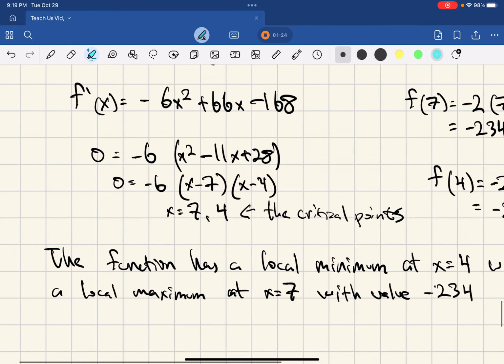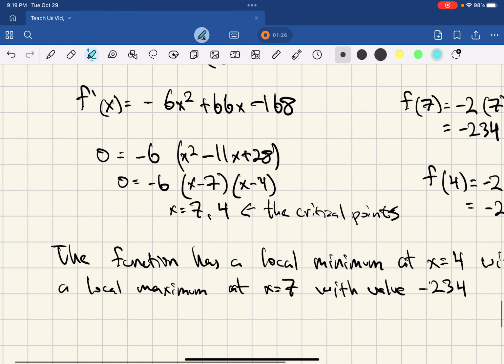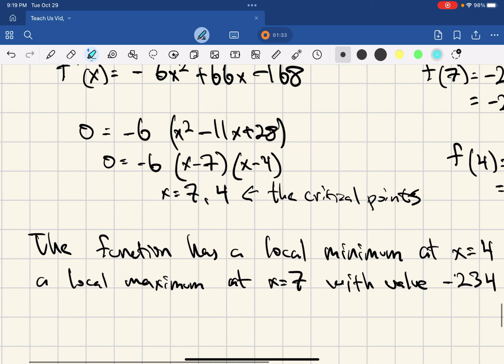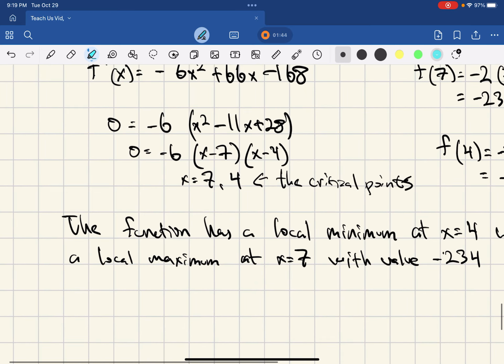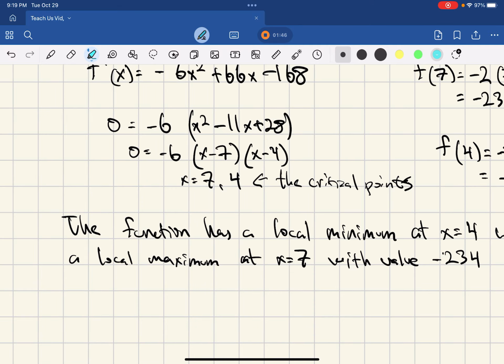So I factor out the negative 6 and get x squared minus 11x plus 28 inside the parentheses. And then I factor that parentheses part, and I get x minus 7 times x minus 4. And then we know our x values are going to be 7 and 4.